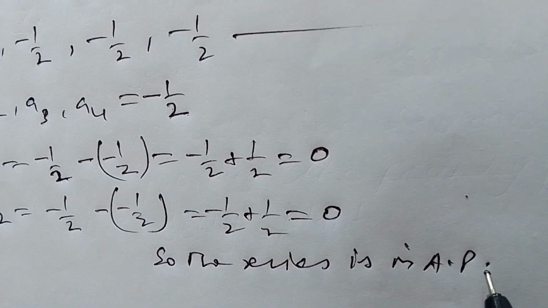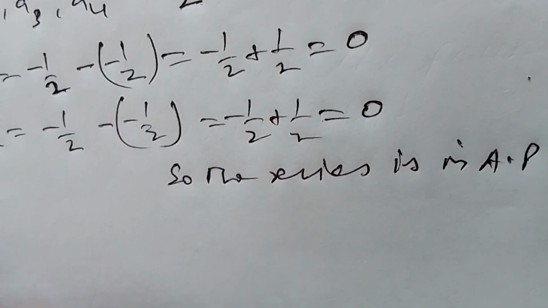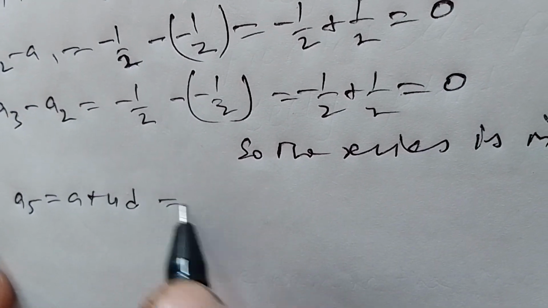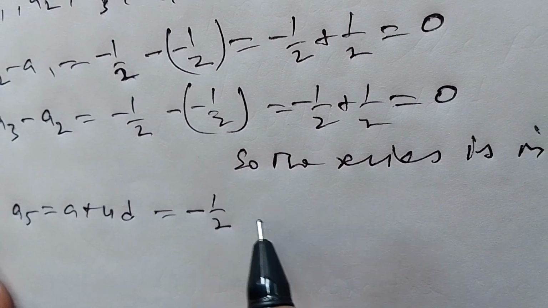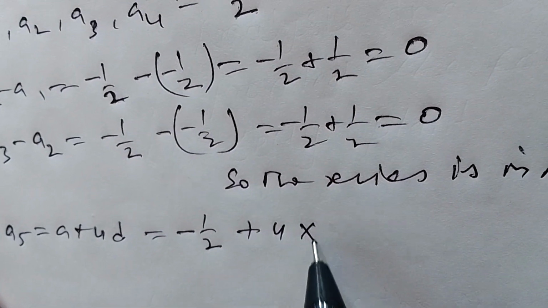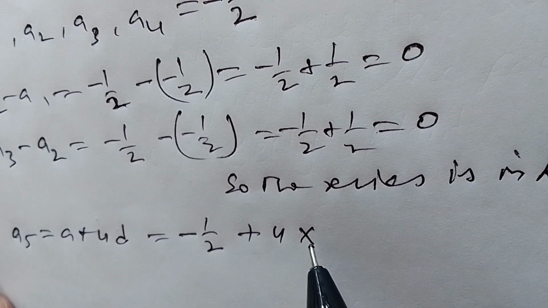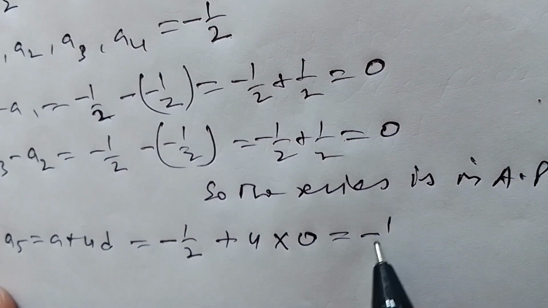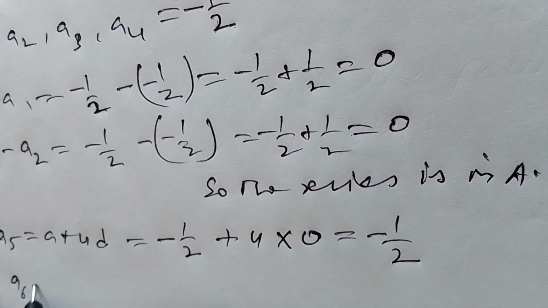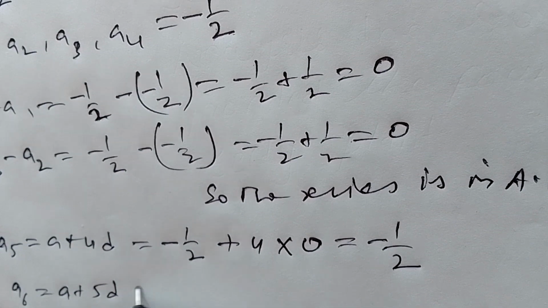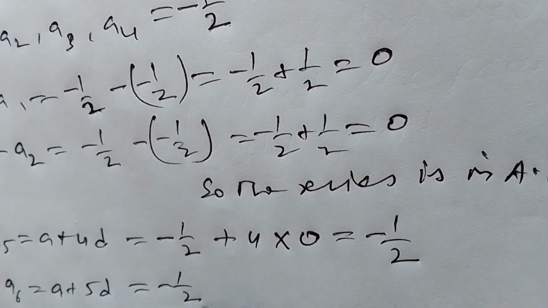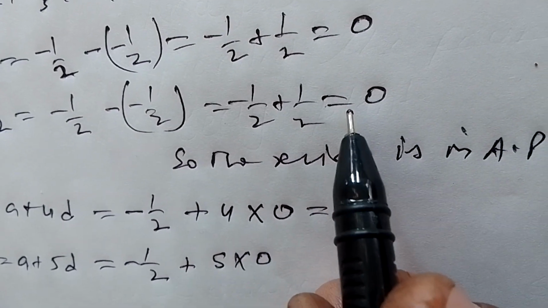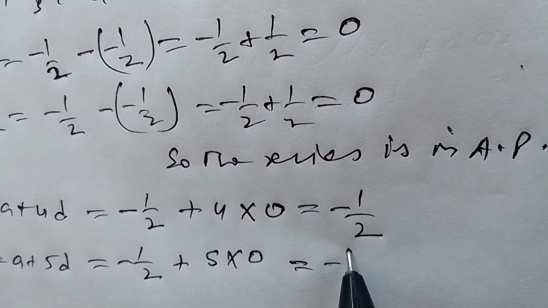Now we will calculate the next three terms. A5 is A plus 4D. Here the first term is minus half plus 4 multiplied by the common difference D, which is 0, so it comes out to be minus half. Then A6 is A plus 5D, minus half plus 5 multiplied by 0, because the common difference we have calculated is 0, so this term also comes out to be minus half.